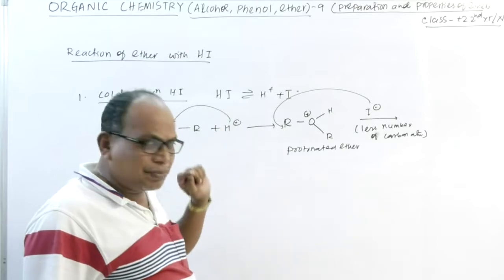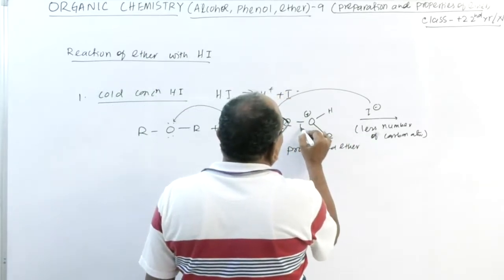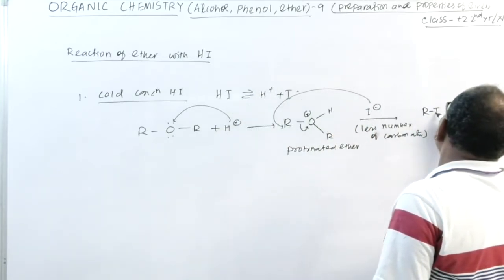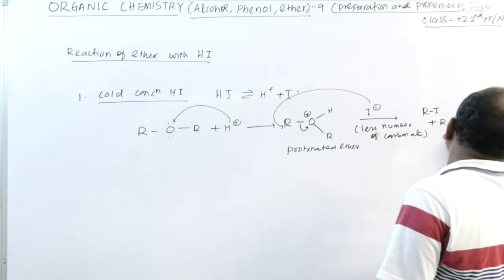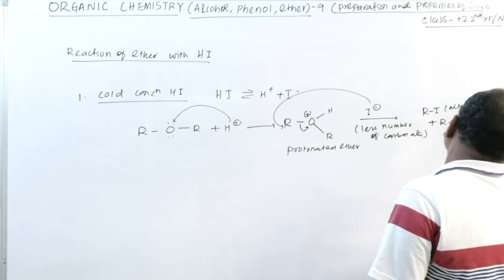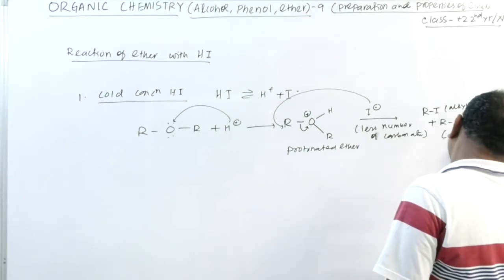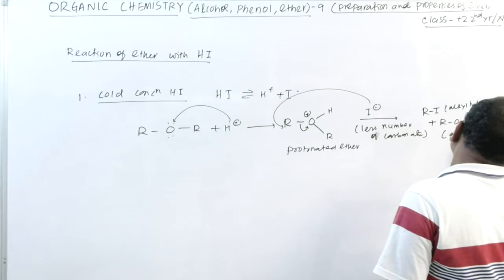Suppose this one has fewer carbon atoms. When it attacks, this electron pair comes here, it becomes RI, and ROH forms. This forms alkyl halide, and this forms alcohol.